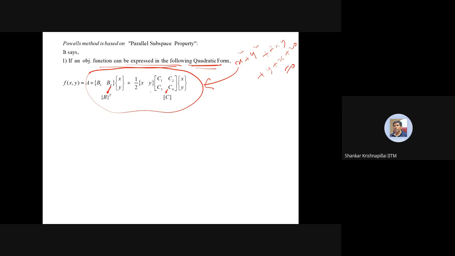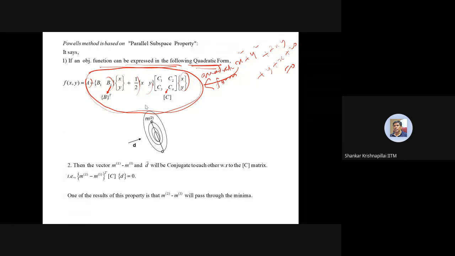With some effort you can write this objective function as a plus b1 b2 into xy, then half of xy into c1 c2 c3 c4 into xy. So this is the quadratic form. Any quadratic objective function can be rearranged in this form.